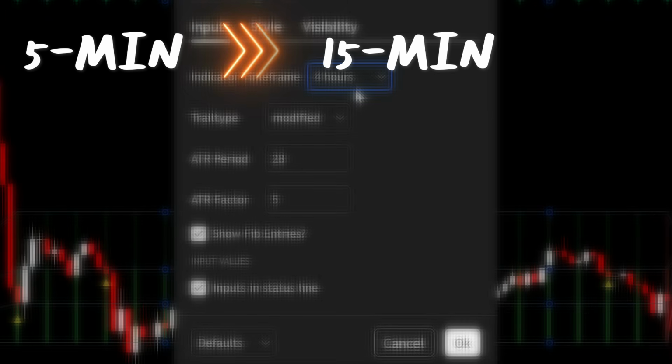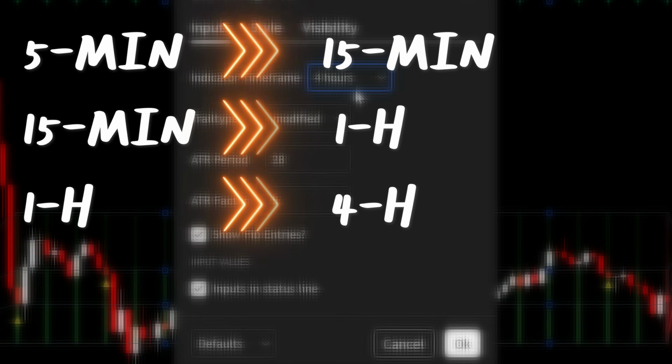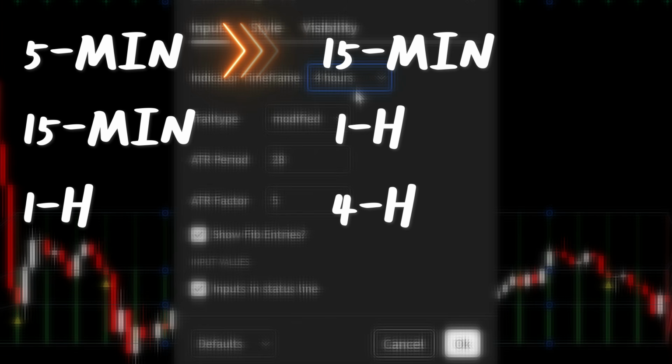On a 5-minute chart, I set it to 15 minutes, one step higher. That's the rule. It shows the bigger trend while I'm trading smaller moves.